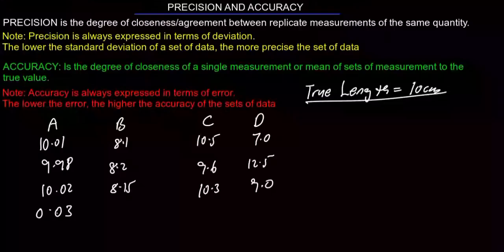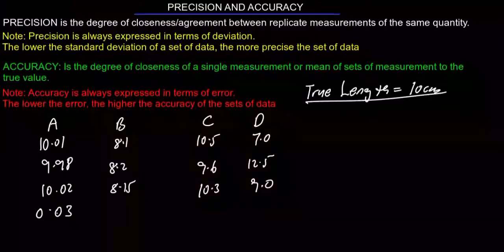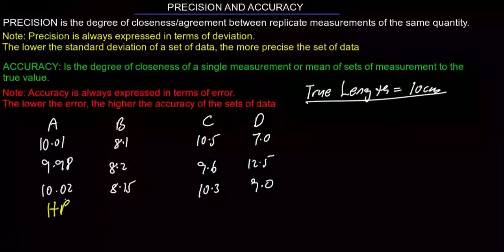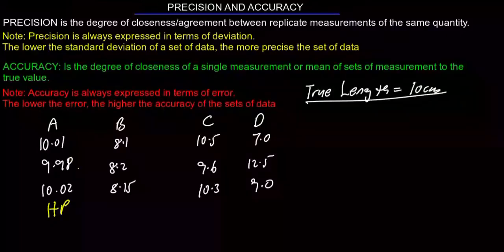What is 10.02 minus 10.01? This is 0.01, very, very small. So we'll comment that the data we have for A is highly precise. Why? They are very close to each other. The difference is not even up to 0.1. So that is it.